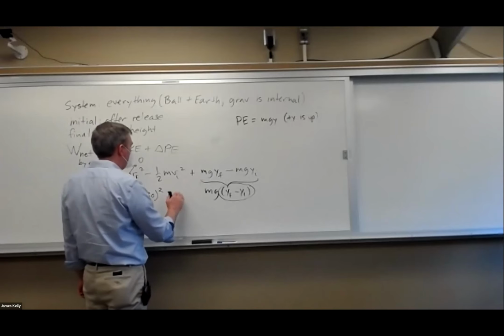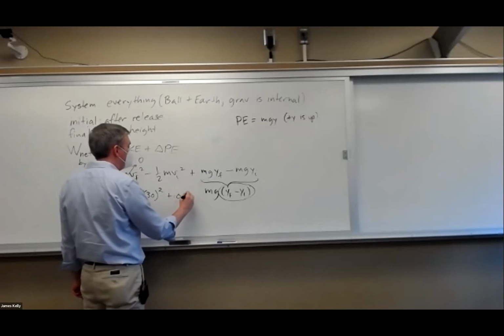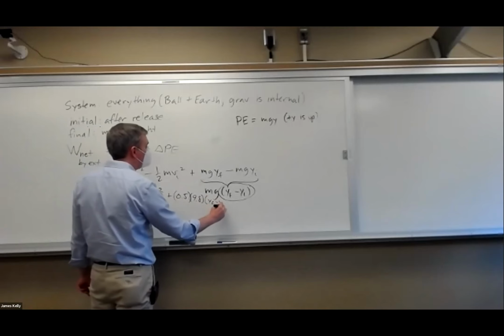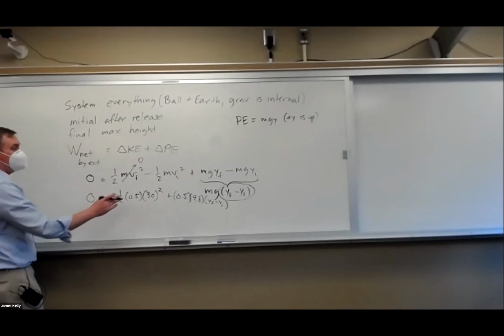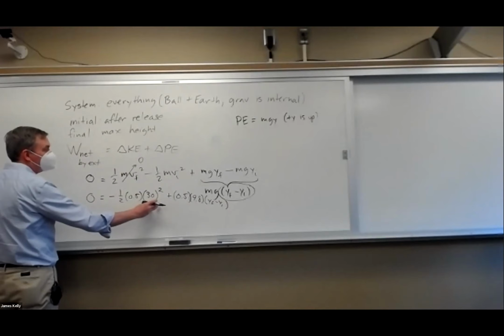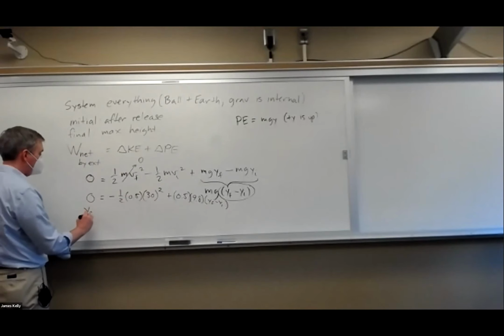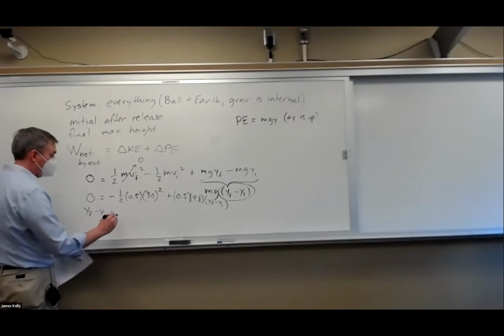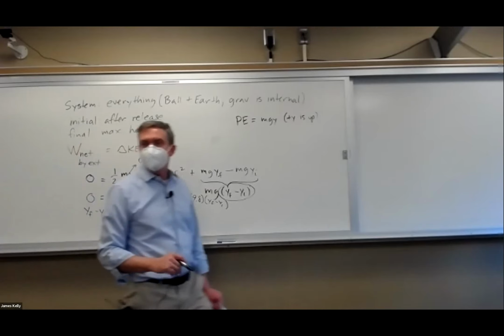Plus m is 0.5 times 9.8 times y final minus y initial. And then I just want to solve for y final minus y initial. Okay, so I'm going to get 1/2 times 0.5 times 30 squared, divided by 0.5, divided by 9.8. And that tells me that y final minus y initial is equal to 45.9 meters.